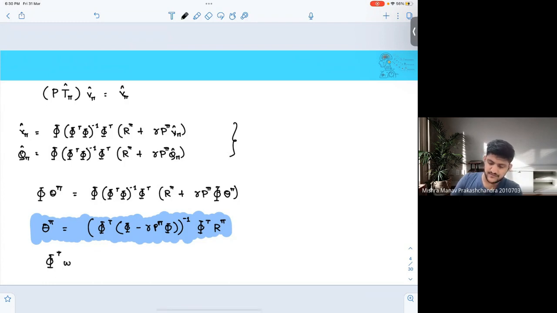I take this quantity and add a weighted parameter W, which acts as the weightage for how many times that particular state is visited, times phi, theta minus gamma p pi phi, theta pi equals phi transpose again W times r pi.